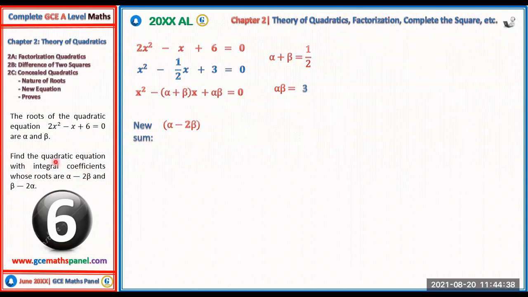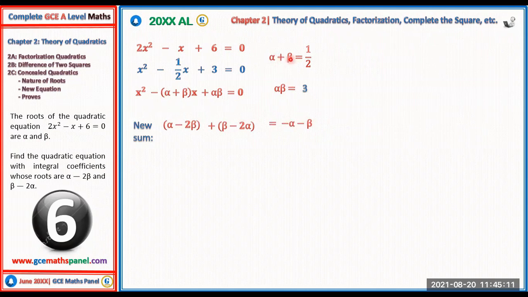I can see that if I simplify this, if I open out the bracket, alpha minus 2 alpha is minus alpha. Then minus 2 beta plus beta is minus beta. So when you open out the bracket and simplify, our new sum will be minus alpha minus beta.